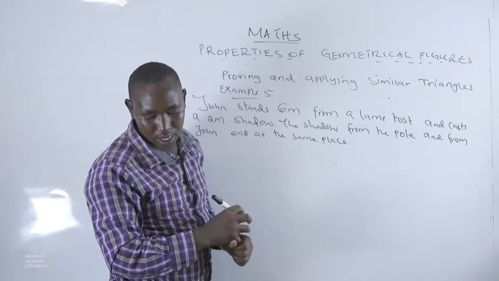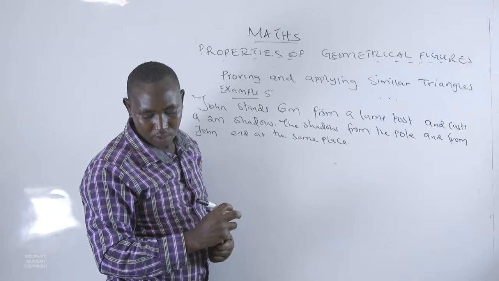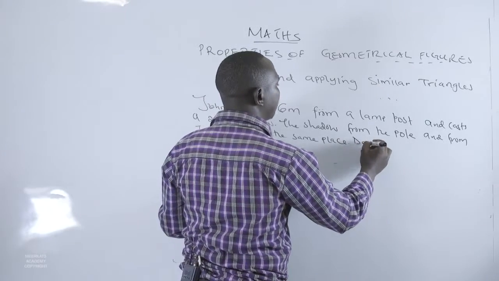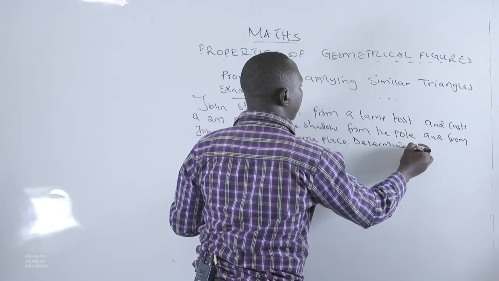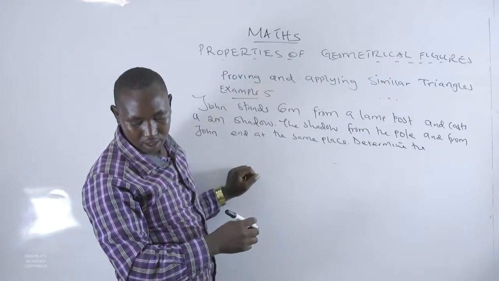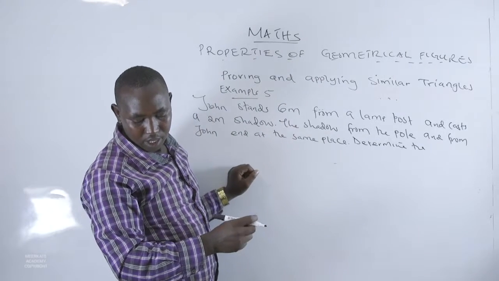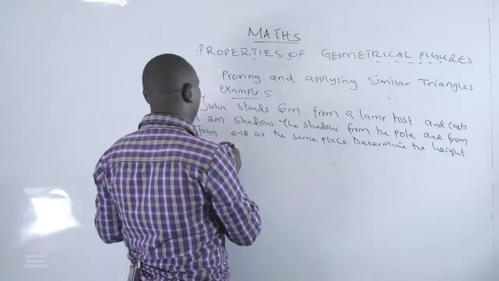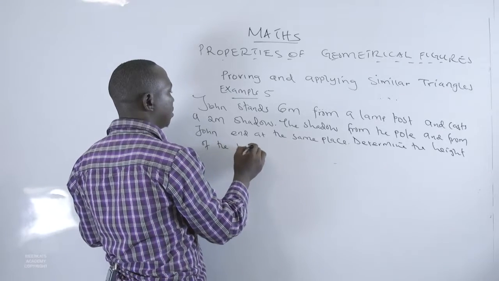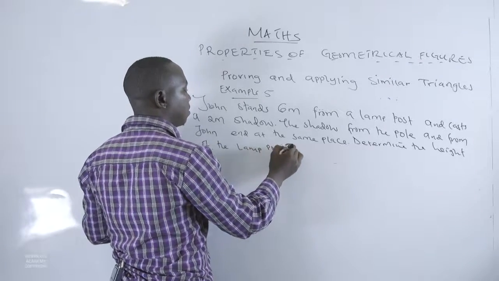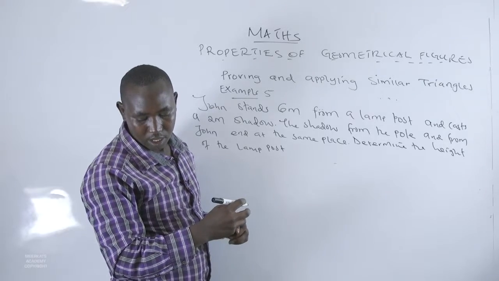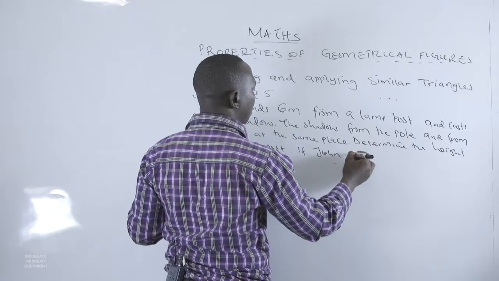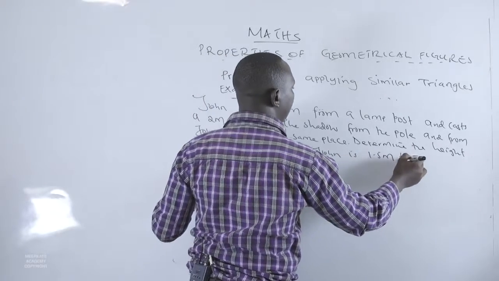Question is, determine the height of the lamppost if John is 1.5 meters.